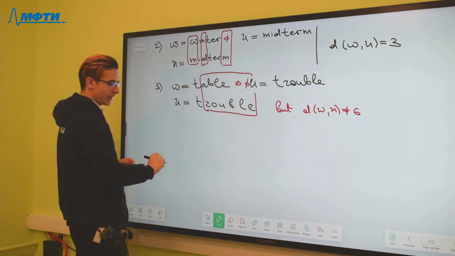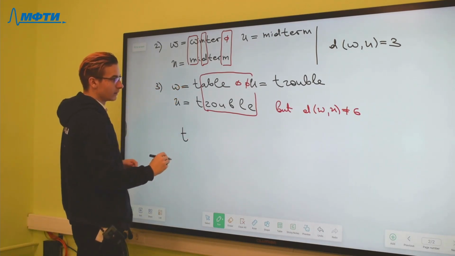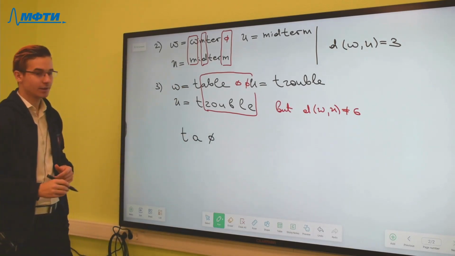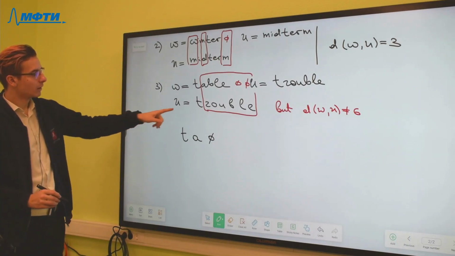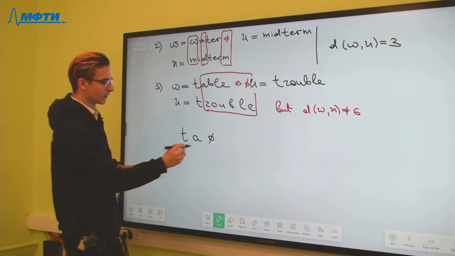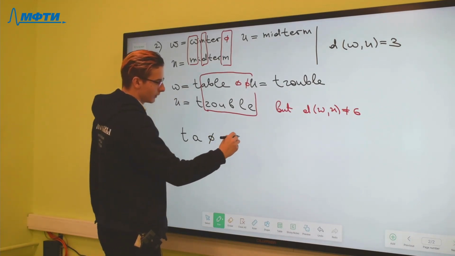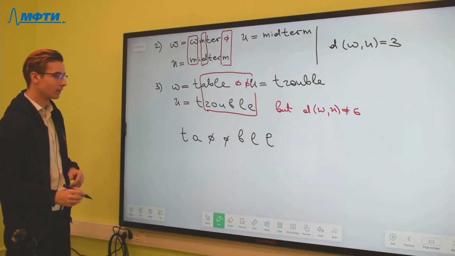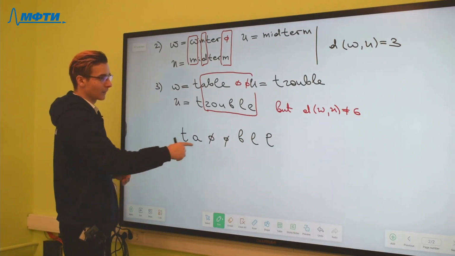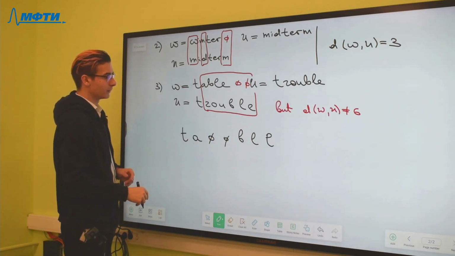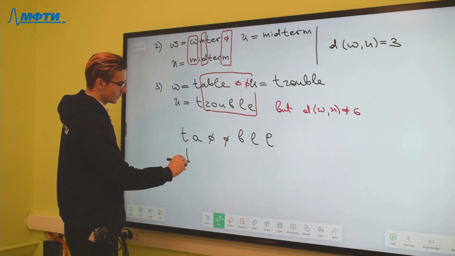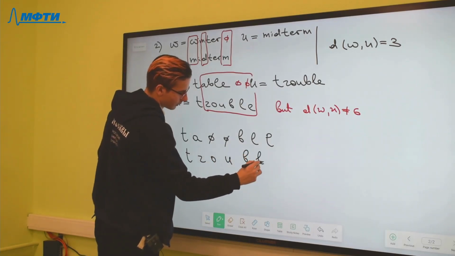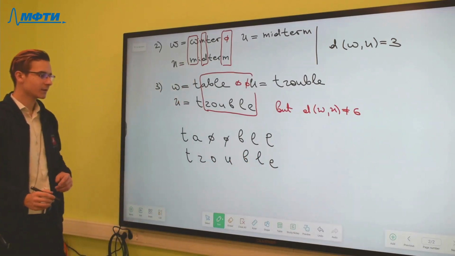So we can add an empty character after A, or 2 empty characters after A. And then write all the other characters, and then write the second word.